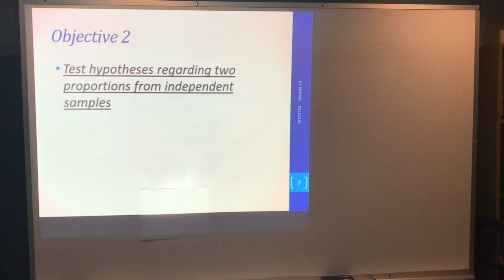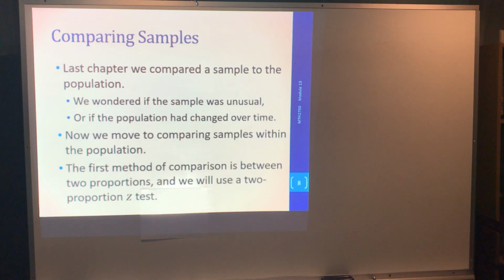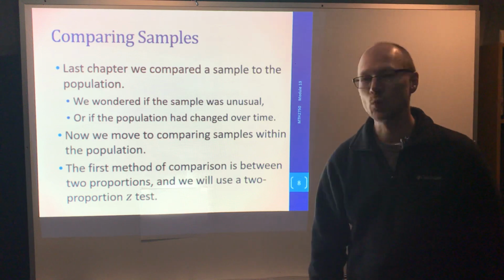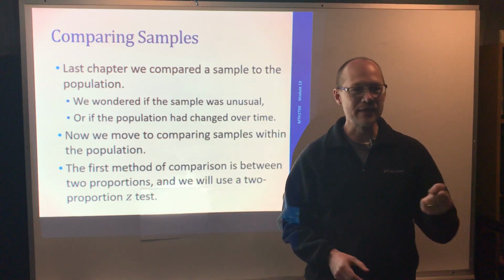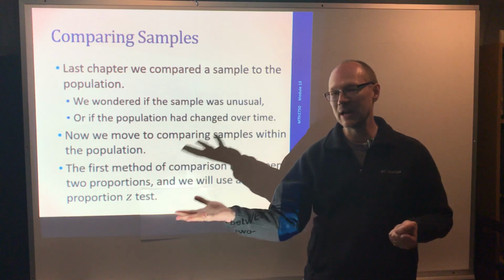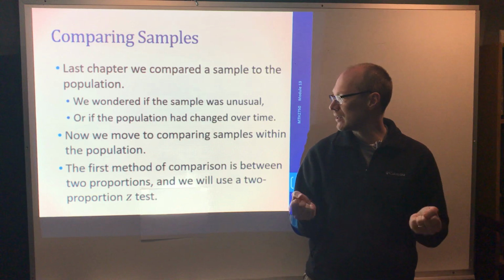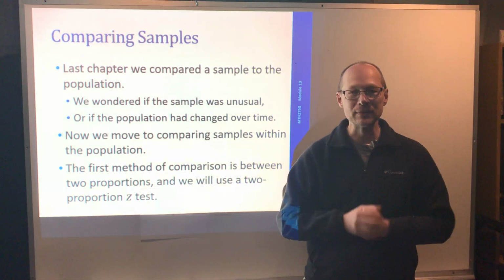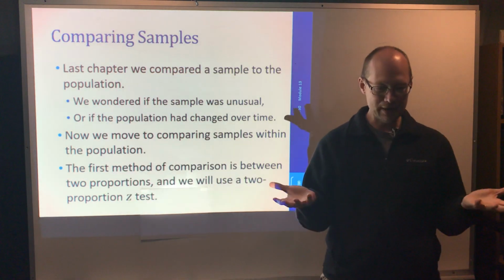All right, so now let's test hypotheses regarding two proportions from independent samples. And if you remember last chapter, we compared a sample to the population. We were wondering, hey, here the population is this. Here's a sample. How does this sample compare with the population? Now we actually move to comparing samples within the population, which is kind of an interesting way of doing things.